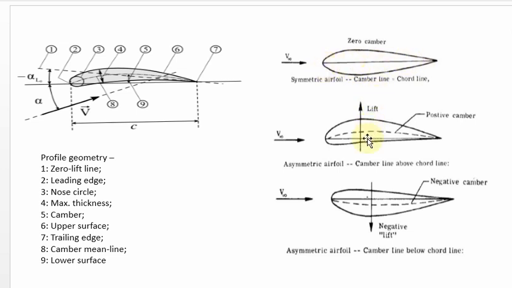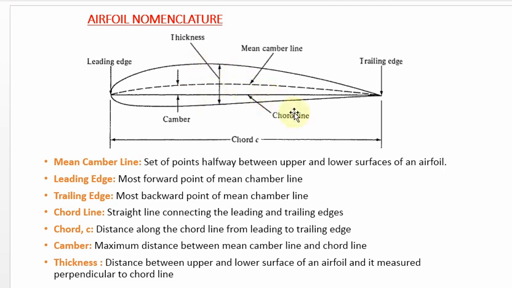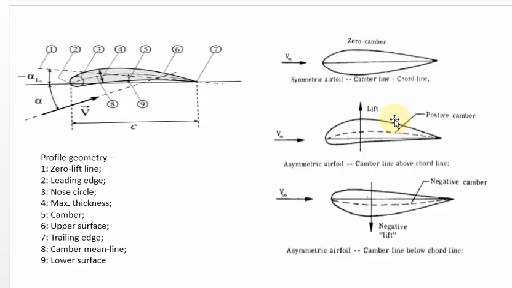These two are examples of a cambered aerofoil, or asymmetrical aerofoil, which depends upon the position of the mean camber line. We can say this one is a positive camber and this one is a negative camber. This is a positive camber aerofoil.